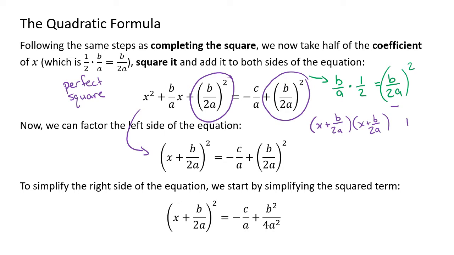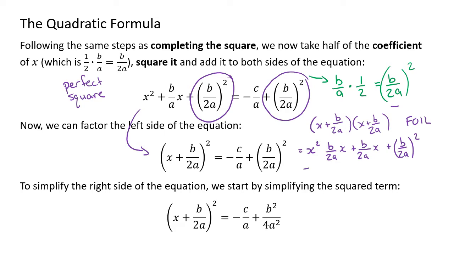Now using, remember, FOIL, we multiply our first terms, which is x times x, or x squared. Our outside terms, x times b over 2a, which is b divided by 2a times x. Our inside terms, which are b over 2a times x, again, b over 2a times x, and our last two terms, which is b over 2a times b over 2a, or b over 2a squared.